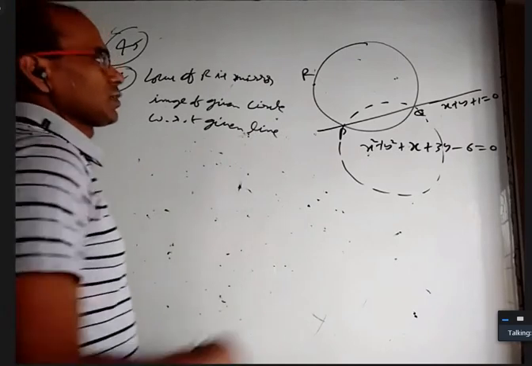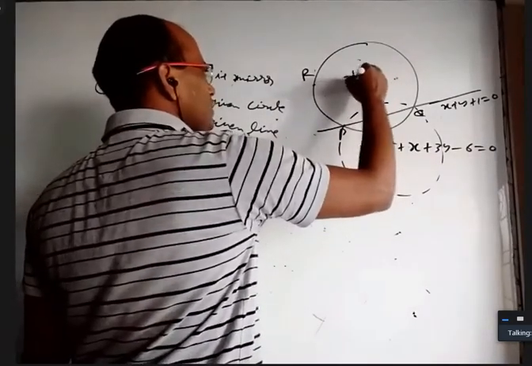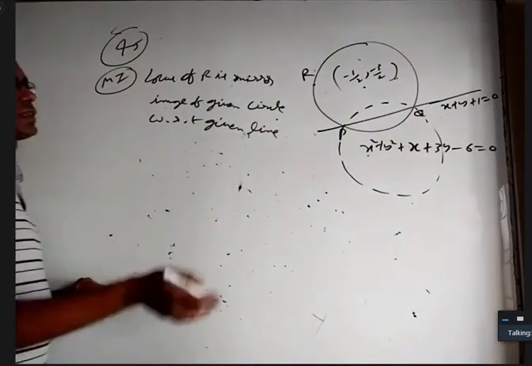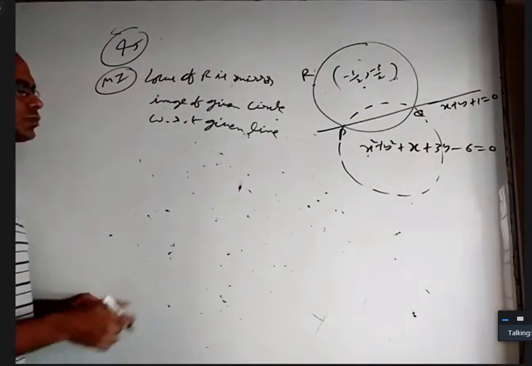Okay, what is the center of this given circle? Minus 1 by 2, minus 3 by 2. We have to find the image of that with respect to x plus y equal to 1.